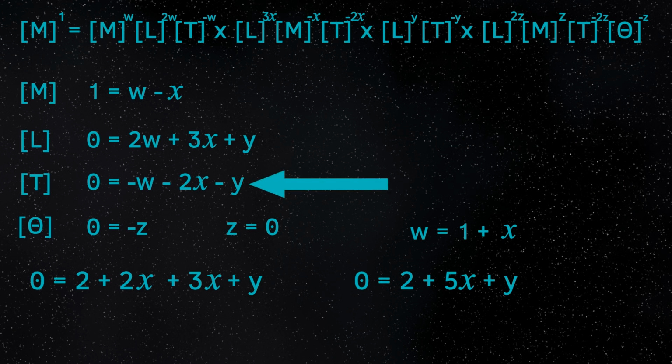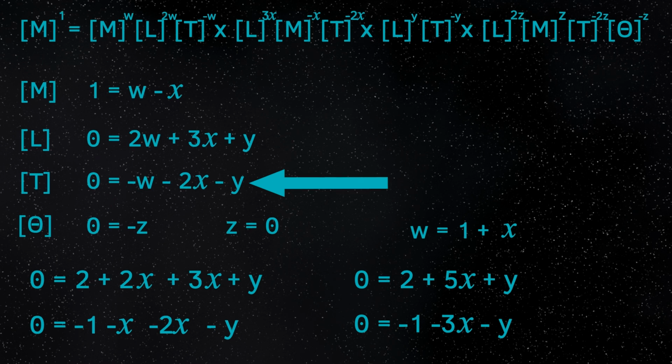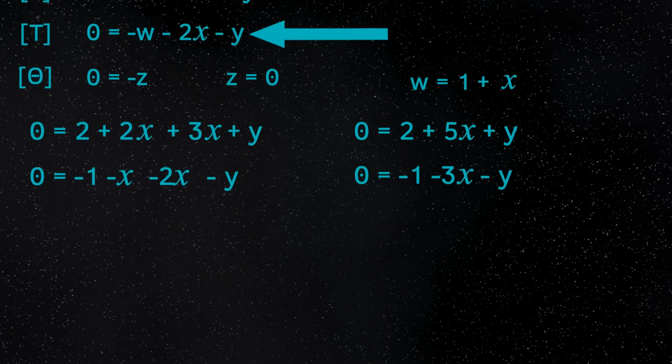And from this equation we get 0 equals minus 1 minus x minus 2x minus y. So 0 equals minus 1 minus 3x minus y. And again we can now solve these as simultaneous equations by adding them together. And we get that 0 equals minus 1 plus 2x.